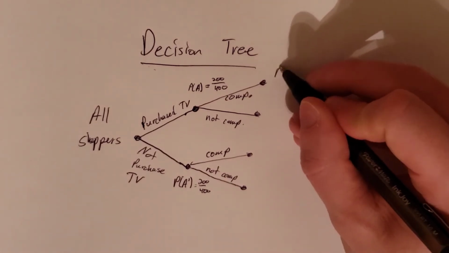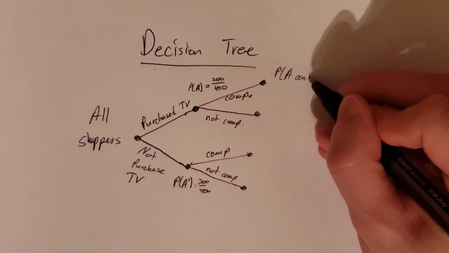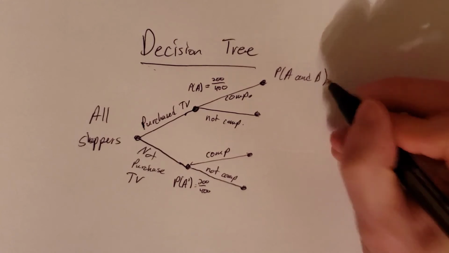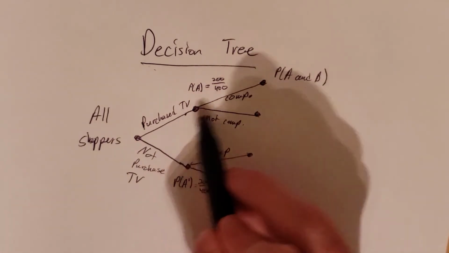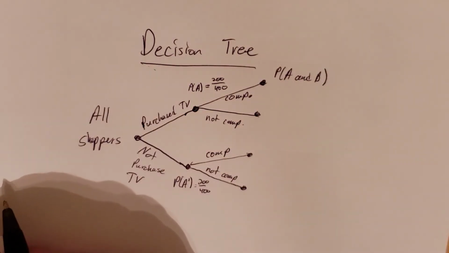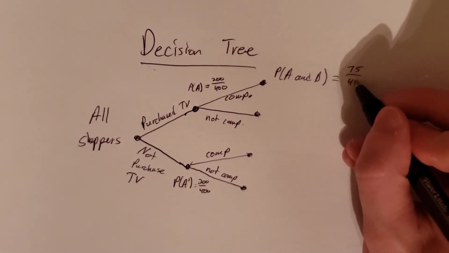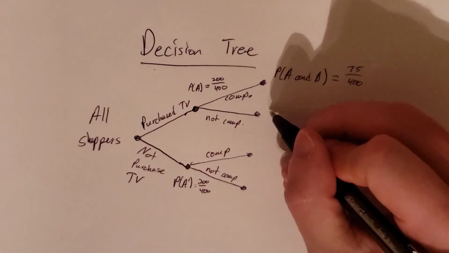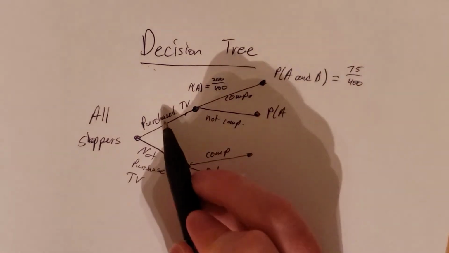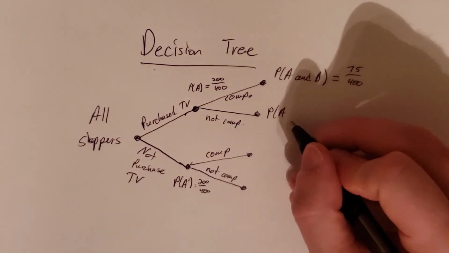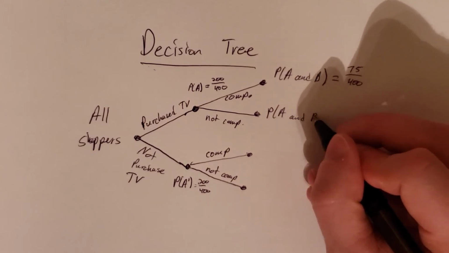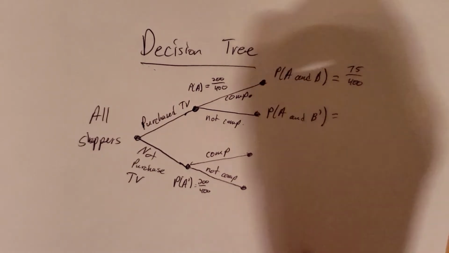This right here is the probability of A and B, the probability that we purchased a TV and a computer. That total probability is 75 out of 400. Here's the probability of A, that we purchased a TV, and not a computer, so B prime.